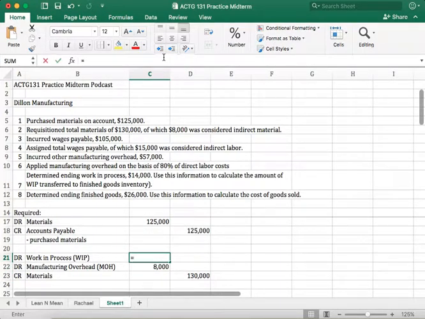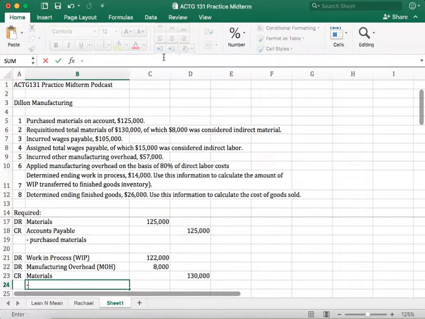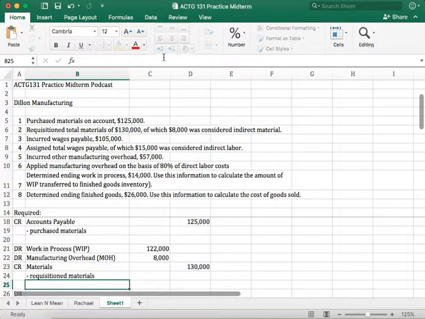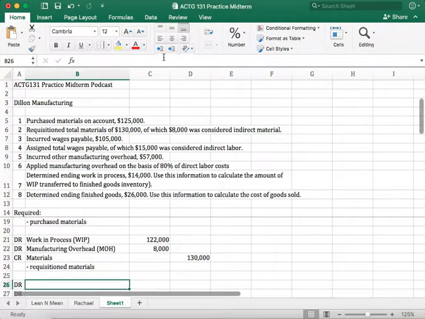That's manufacturing overhead. So we have 130 less the 8, 122,000 goes into work in process. So the explanation could just be requisitioned materials.